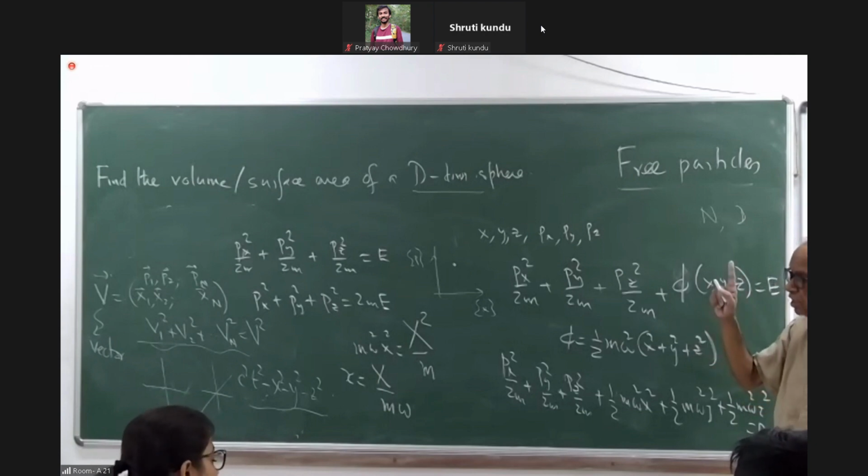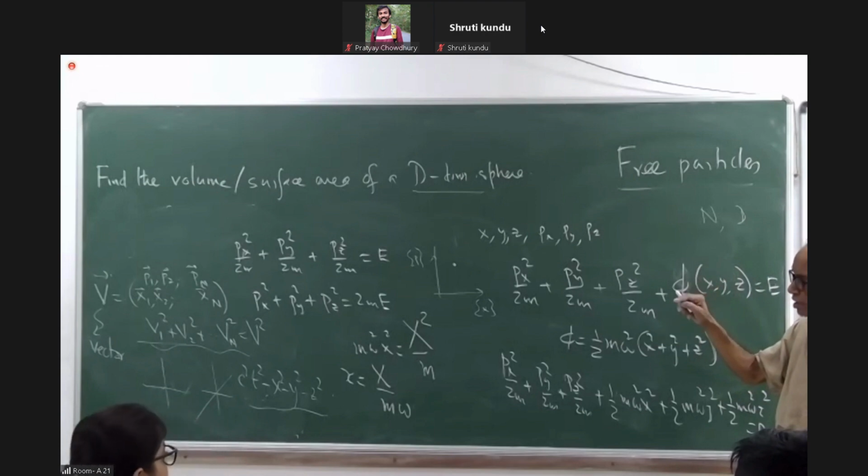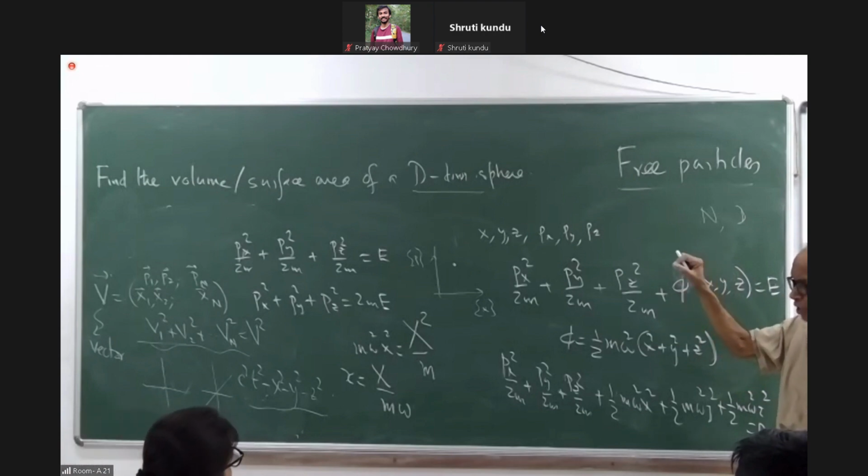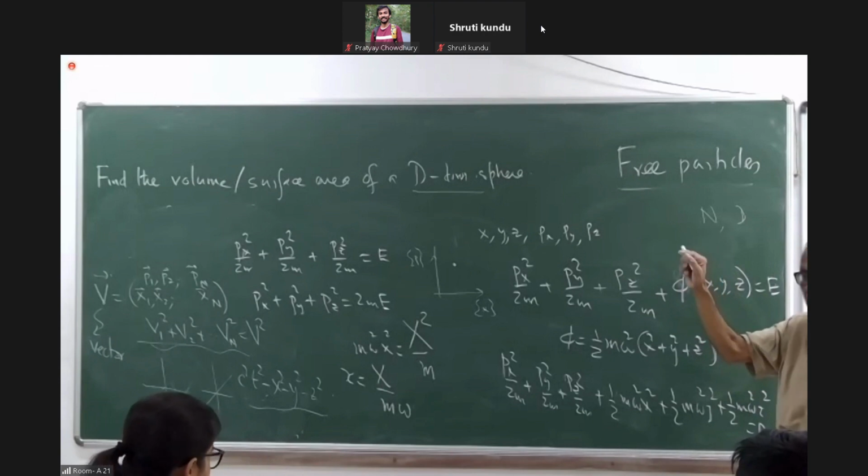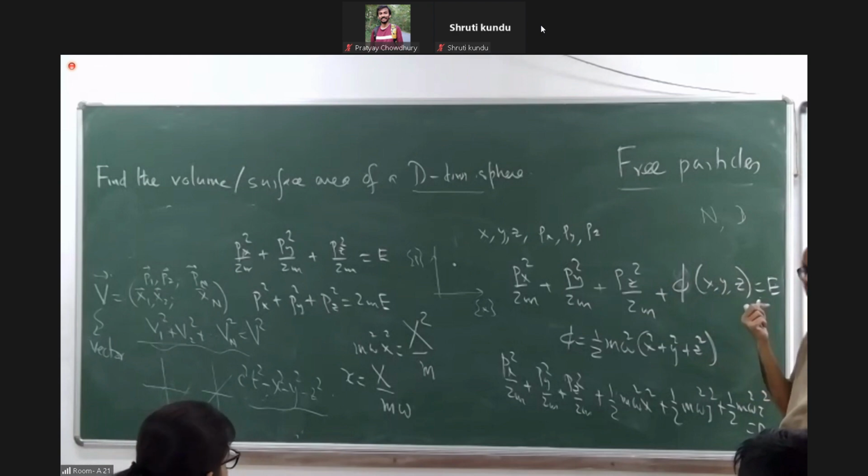So the state of the particle was shown as a point in the phase space. But that point has all the information x, y, z, px, py, pz. Yeah. So 6 numbers are required to specify the state of a single particle.